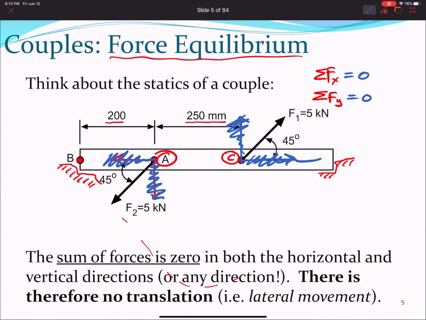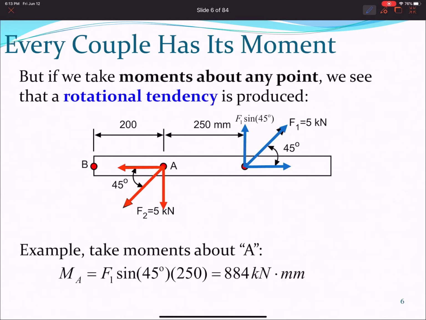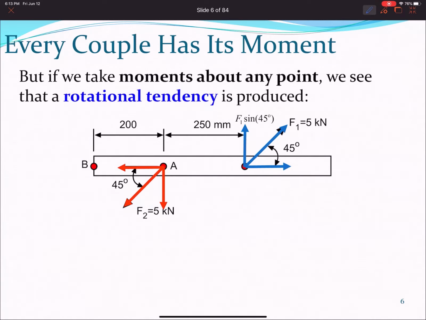Here are my forces, and somebody else already broke them down into components. Let's take moments about any point, and then see what sort of rotational tendency is going to appear.